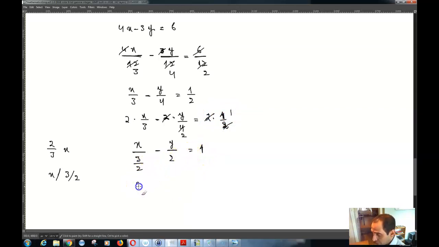So that means that your x-intercept is equal to 3/2, and your y-intercept is equal to 2.